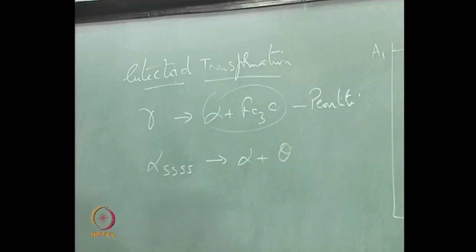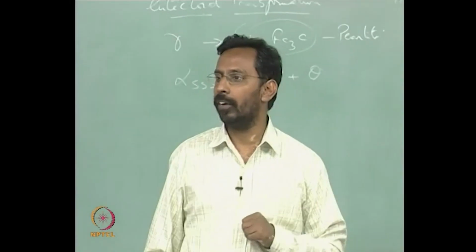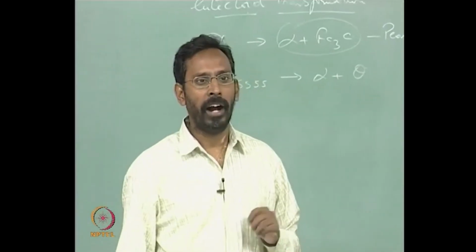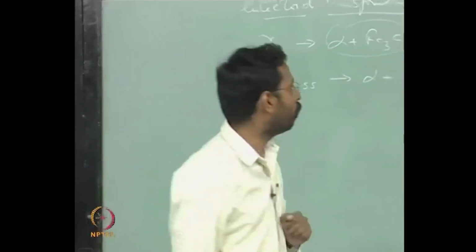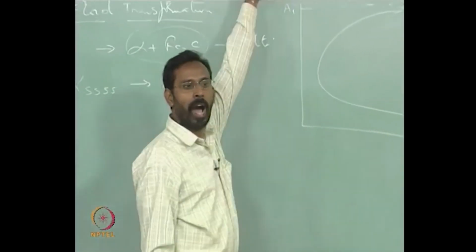And in principle if you have a hypoeutectoid or a hypereutectoid, you have another temperature which we call either the A3 temperature in case of hypoeutectoid and what? ACM temperature in case of hypereutectoid. And that is obviously above the A1.